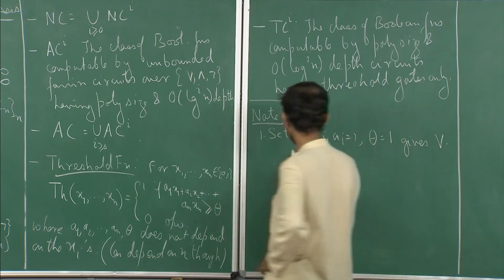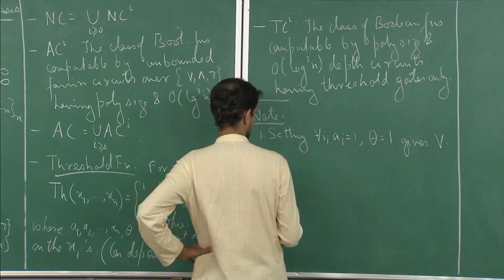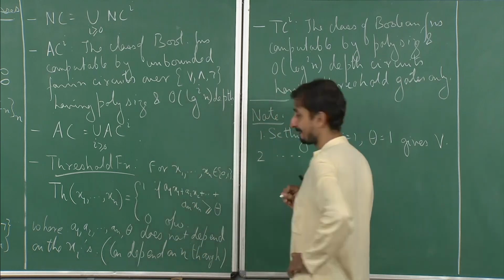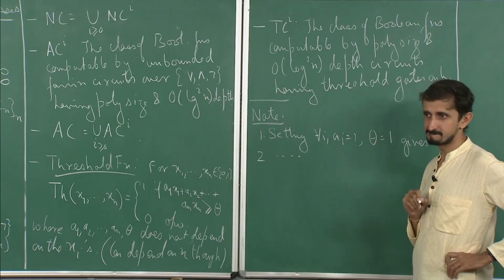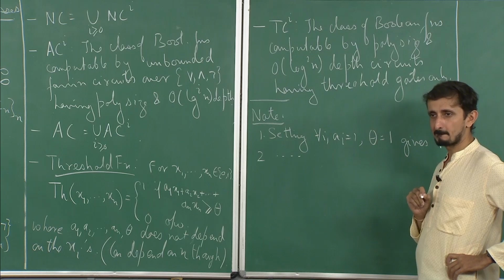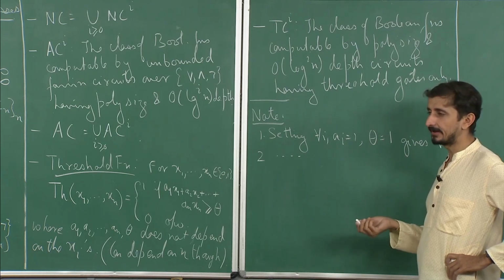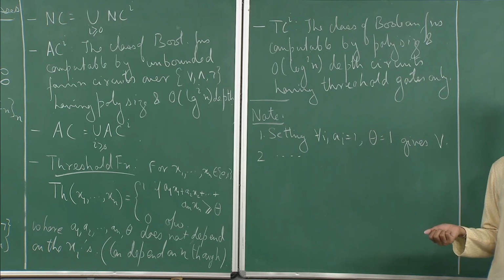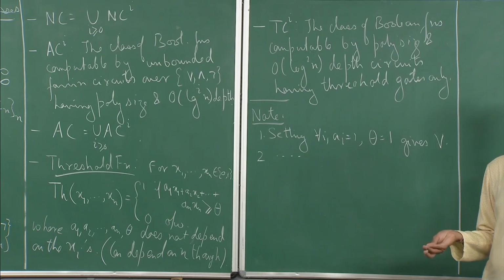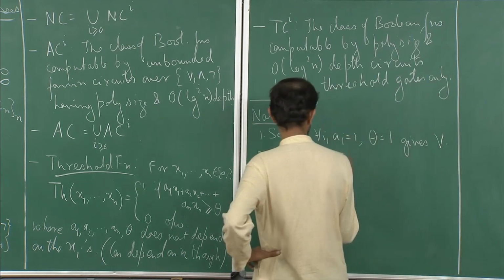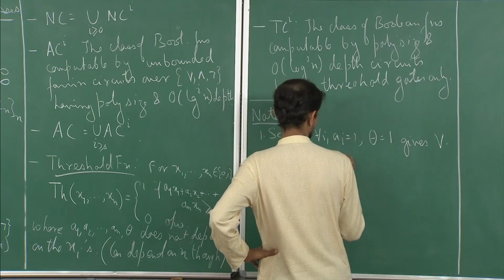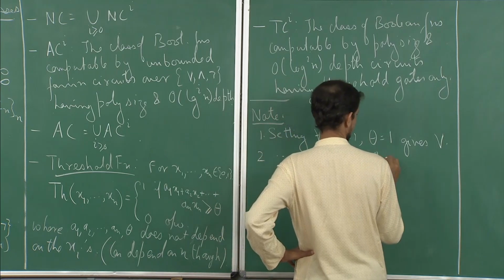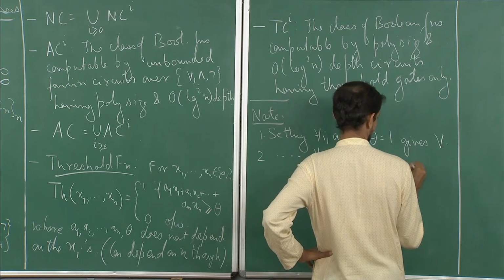What about AND? So an AND gate must have all its inputs as 1, right? Exactly. So basically for all i, you have ai equal to 1 and you set theta to be n.